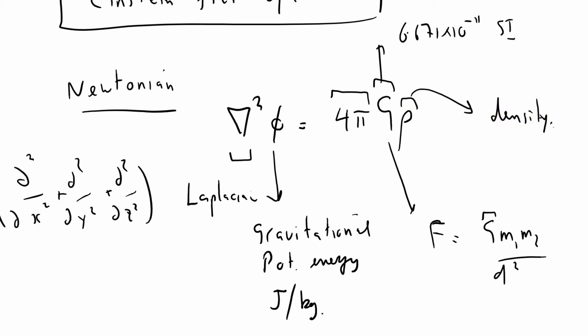So one thing's for sure, when we try to generalize Newtonian mechanics, or generalize Newton's, it's not quite Newton's law here, but the equation that governs the Newtonian potential. When we try and generalize that to the relativistic case, it really ought to reduce down to this, in the limit of slow velocities and low pressures and low speeds.